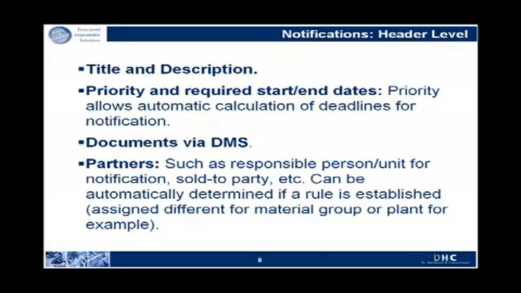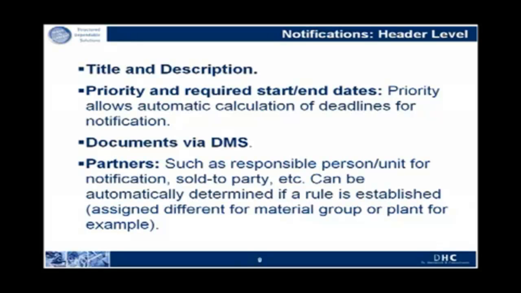Then a title can be recorded to give a very quick and easy way to see what the notification is about, and a more detailed description about what has happened, what the events surrounding that notification are. And also a priority for the notification to allow prioritization of different notifications can be recorded, and as a result of this you can assign a start date and an end date, or depending on the priority you can allow the system to automatically define that.